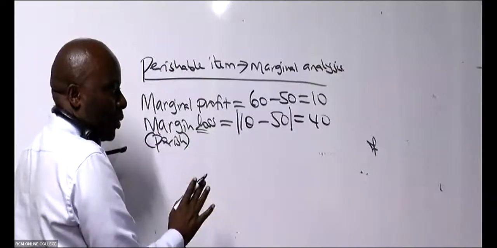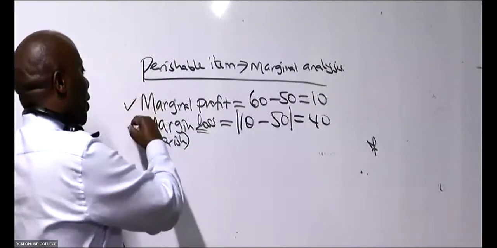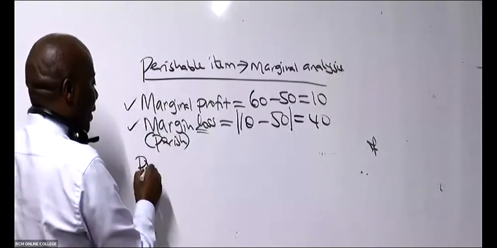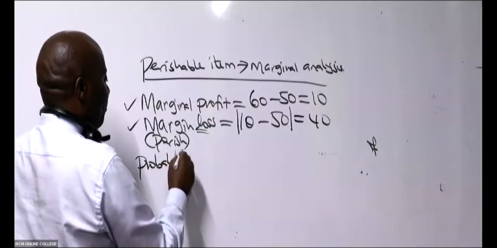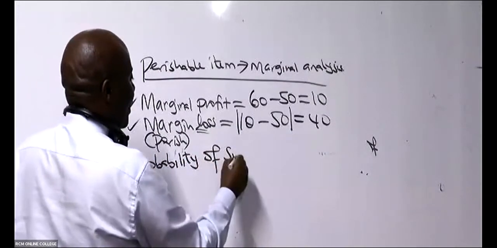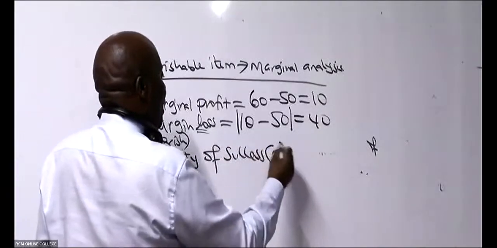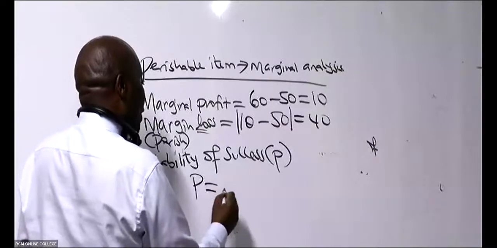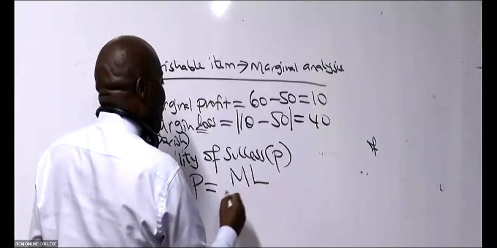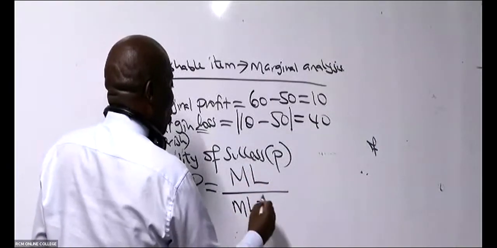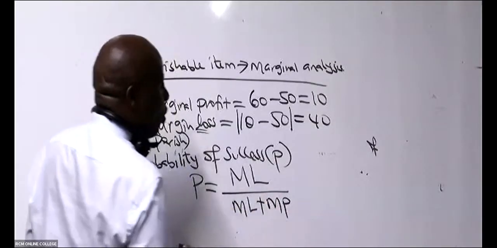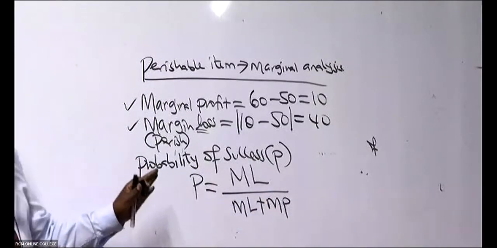And then after that, you give us what we call the probability of success, which we shall abbreviate as P. How do we get this P? To get P, we take marginal loss over marginal loss plus marginal profit. Please write this.